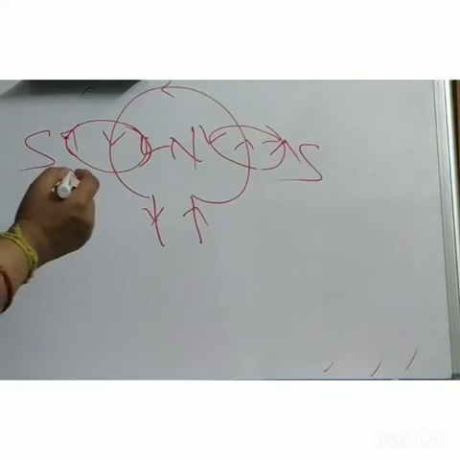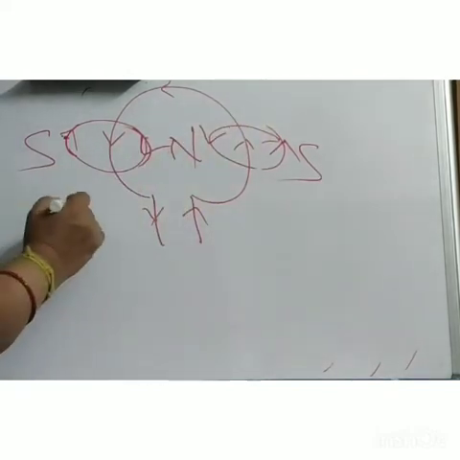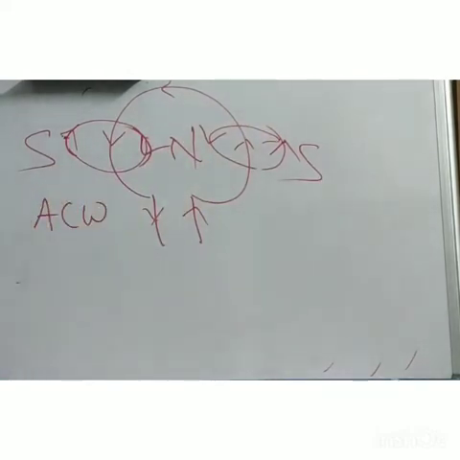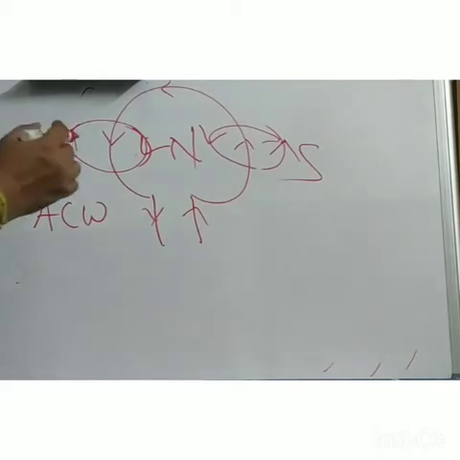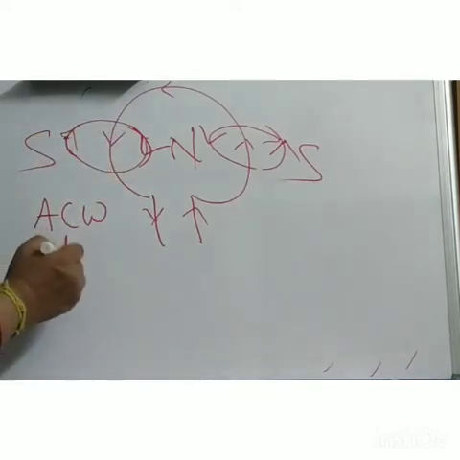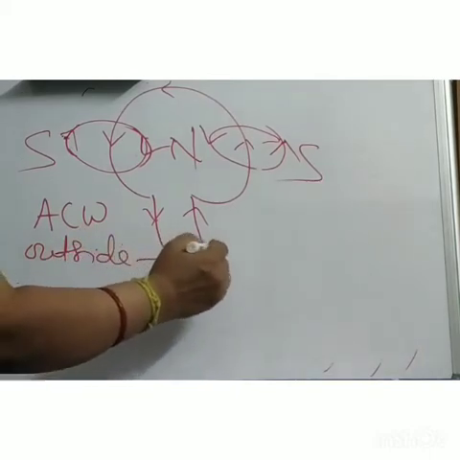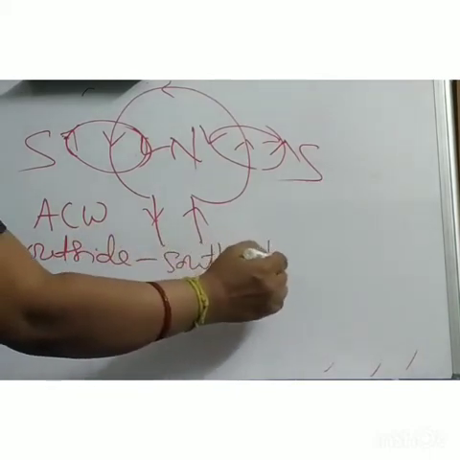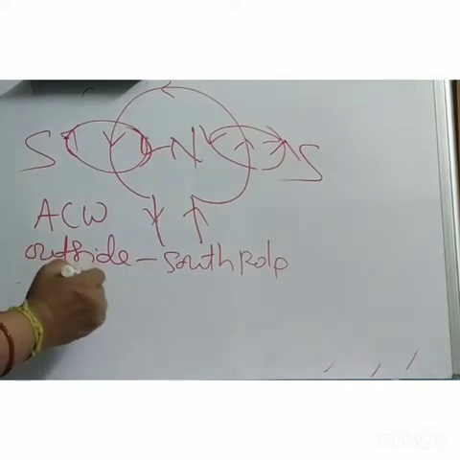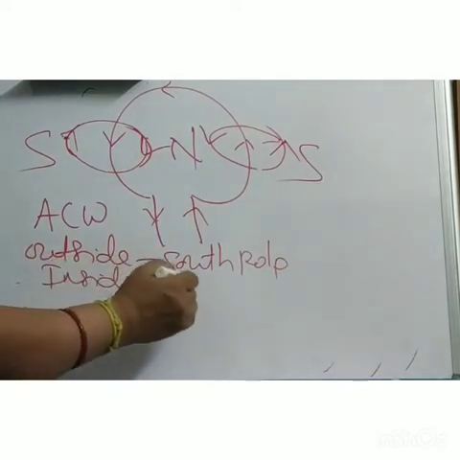So in this case, anticlockwise current flow, what you are observing is that the outside of the loop is south pole, and the inside of the loop is your north pole.